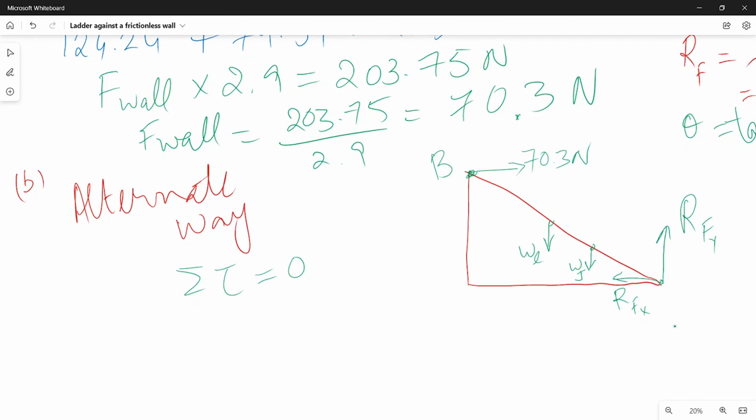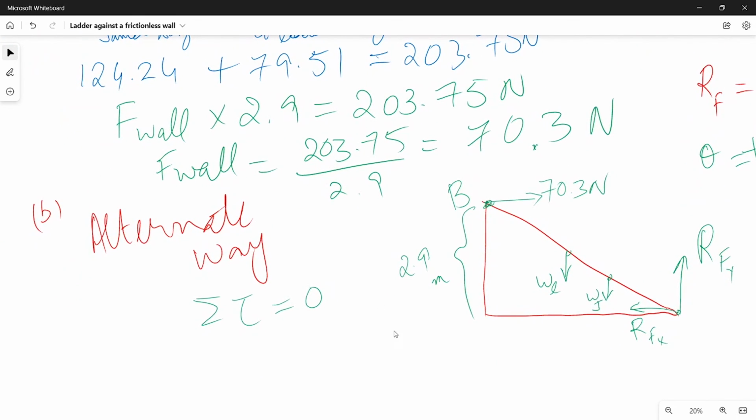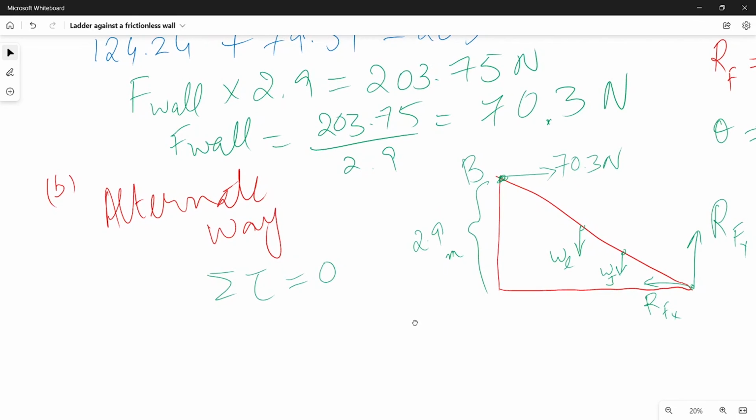We will have to use the length of the wall, which we had calculated earlier. It was found to be 2.9 meter.